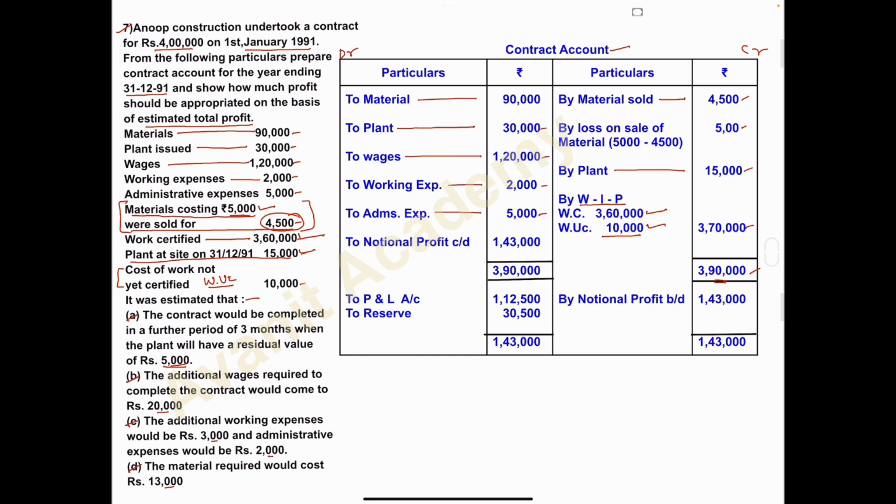The same we will write on the debit side, 3,90,000. From 3,90,000 deduct all these amounts: 90,000, 30,000, 1,20,000, 2,000, and 5,000, and you will get the difference amount 1,43,000.